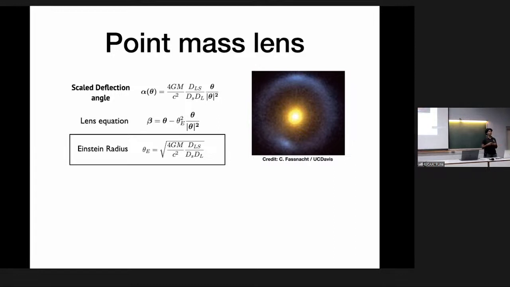The point to note is that this kind of measurement does not make any assumption about the physics or any physical processes affecting the lens mass or the lens itself. This is a purely geometrical measurement, and so it gives us a very accurate measurement of the total mass enclosed within this aperture.